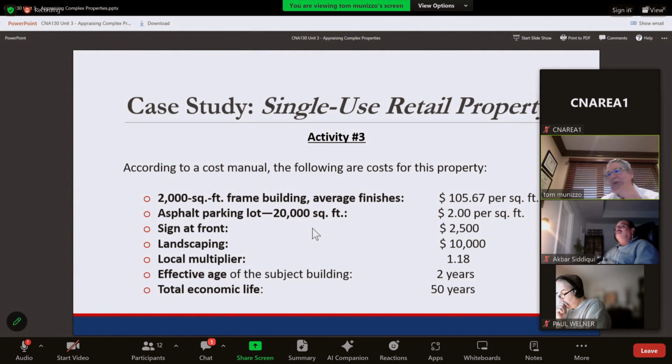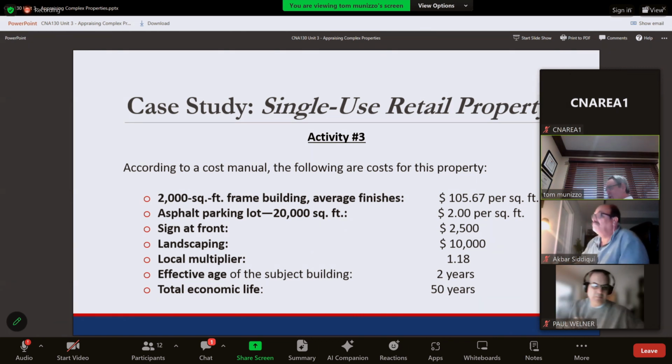So if we take the cost manual, saying that a 2,000 square foot building with average is at $105 a square foot. Our parking lot is $2 a square foot. Our sign at front is 2,500. Landscaping is 10,000. We have our local multiplier for where this particular property is located.